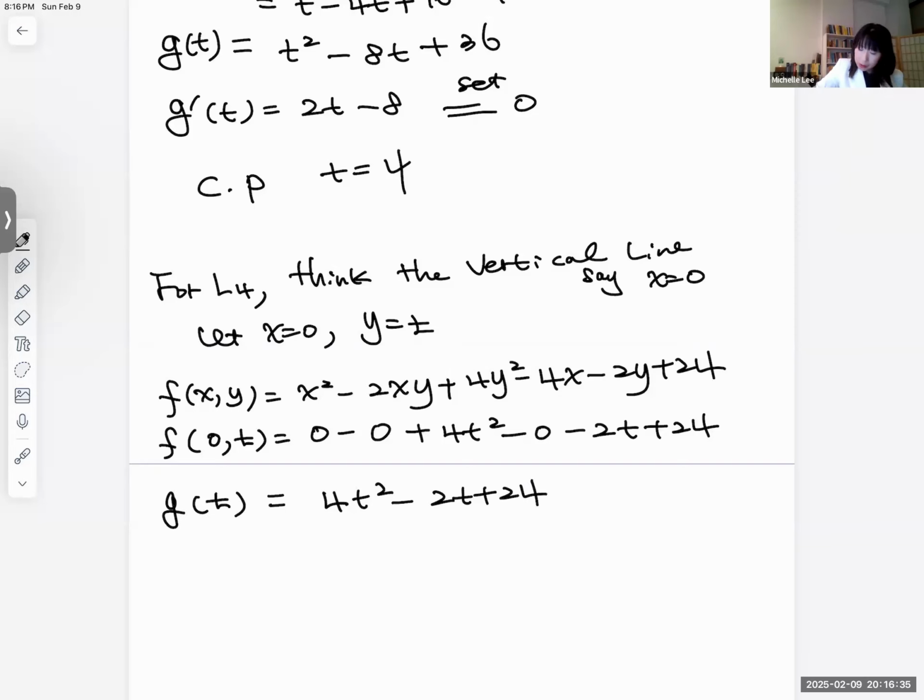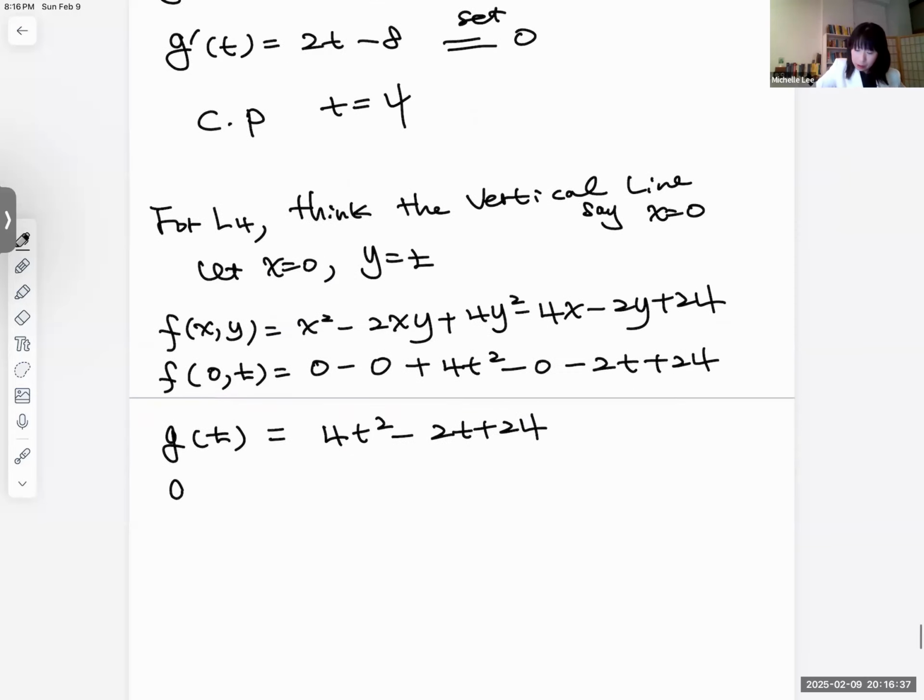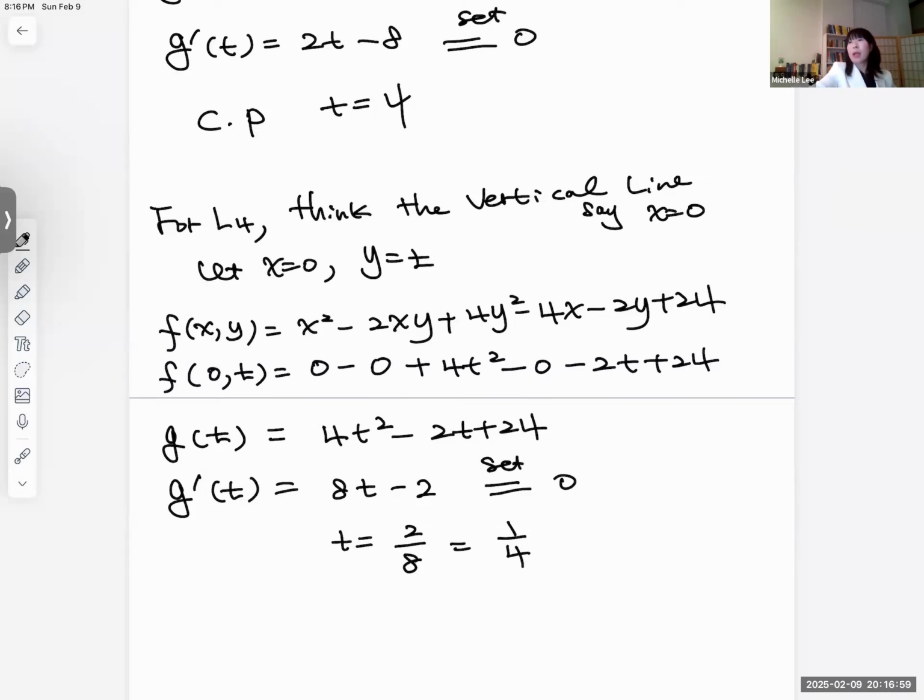So we say that this is g of t, then critical point, g prime of t is 8t minus 2. Then we set equal to 0. Then t equals what? t equals 2 over 8, which is 1 over 4, right? Okay, let's do it. We have a critical point, right?